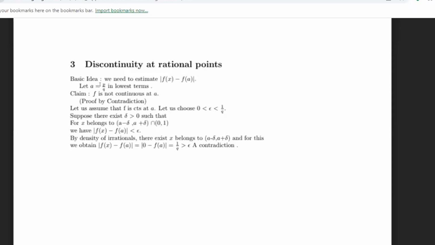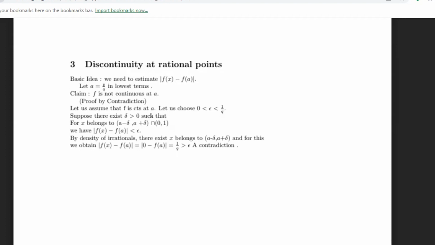Let a be rational, that is a equals p by q in lowest terms, and my claim is the function is not continuous at a, and the proof is by contradiction. So let us first assume that f is continuous at a, and let us choose an epsilon greater than 0 and less than 1 by q.